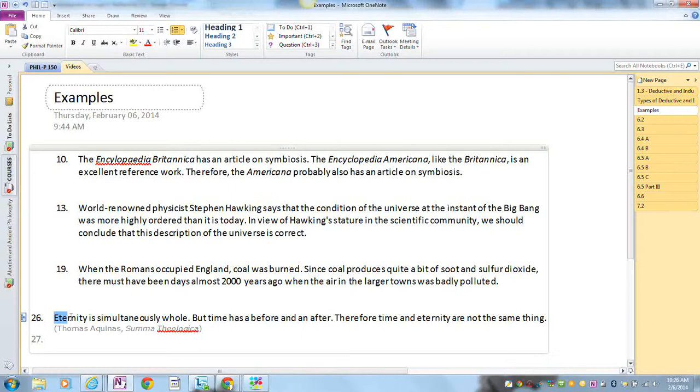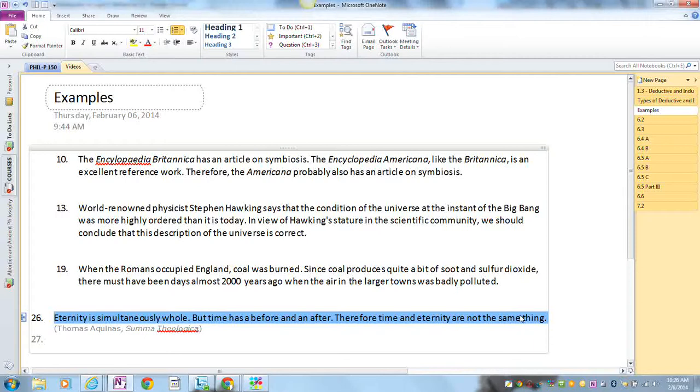Finally, here's an example of deductive reasoning. And you can see that it doesn't really fall into any of the patterns that we talked about before, but it's pretty clear that this is a deductive argument because the conclusion clearly follows with certainty from the premises. Eternity is simultaneously whole, but time has a before and after.